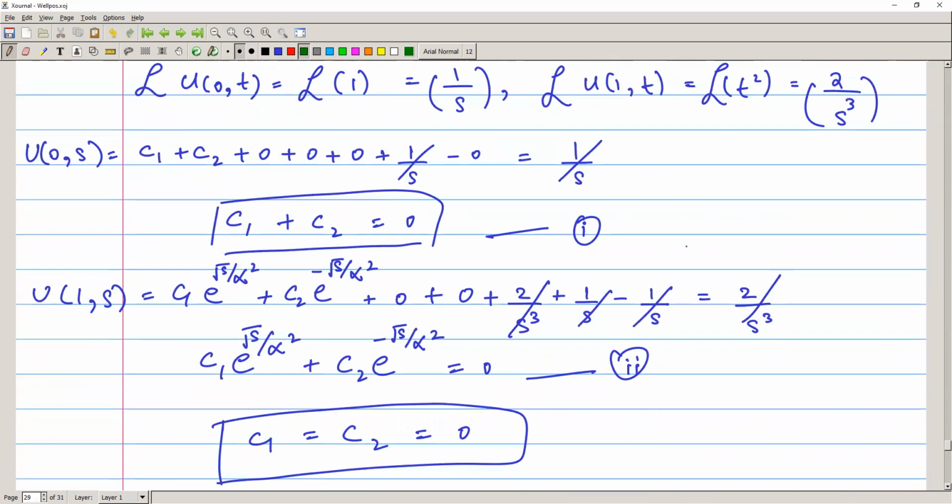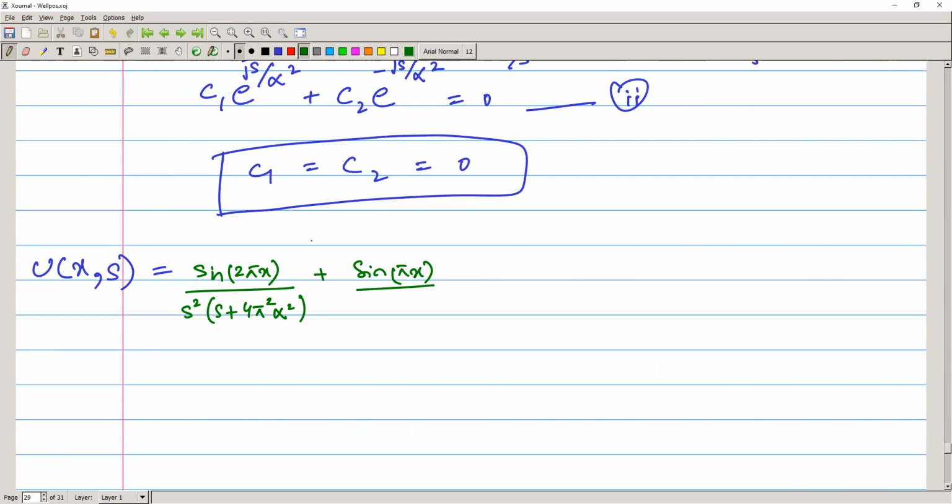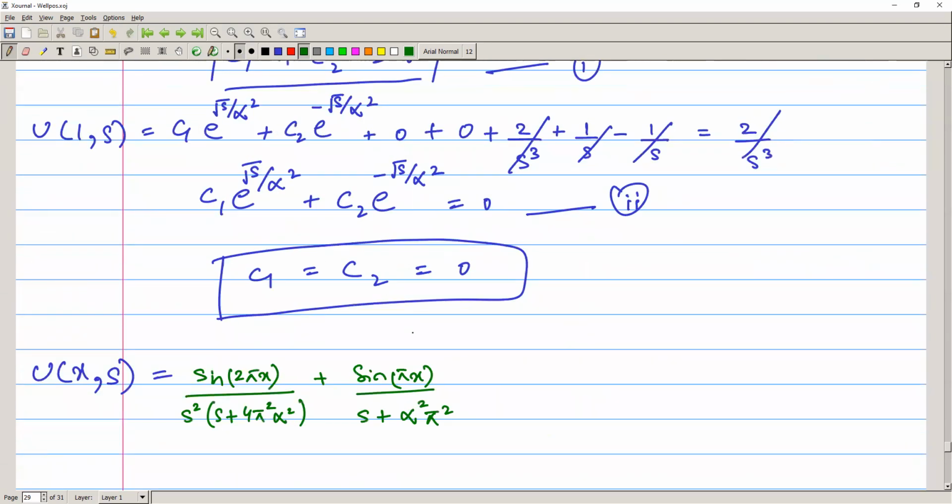Sorry, this is s plus alpha squared pi squared. And then 2x over s cubed plus 1 over s minus x over s.